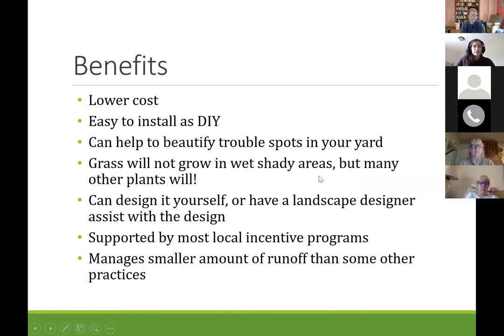If we have only about 3 to 4 hours of sunshine in that spot, our grasses really aren't going to hold up and do well. So Plant NOVA Natives has lots of templates and different designs and plant lists, so you can really use some of those solutions, design it yourself, or have a landscape designer help install those.